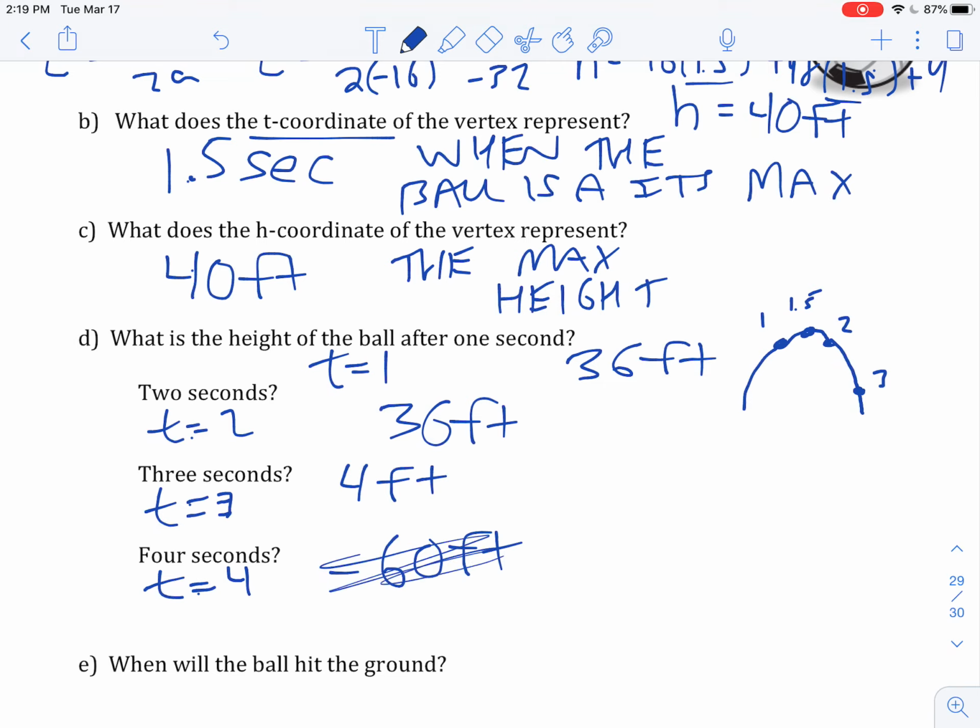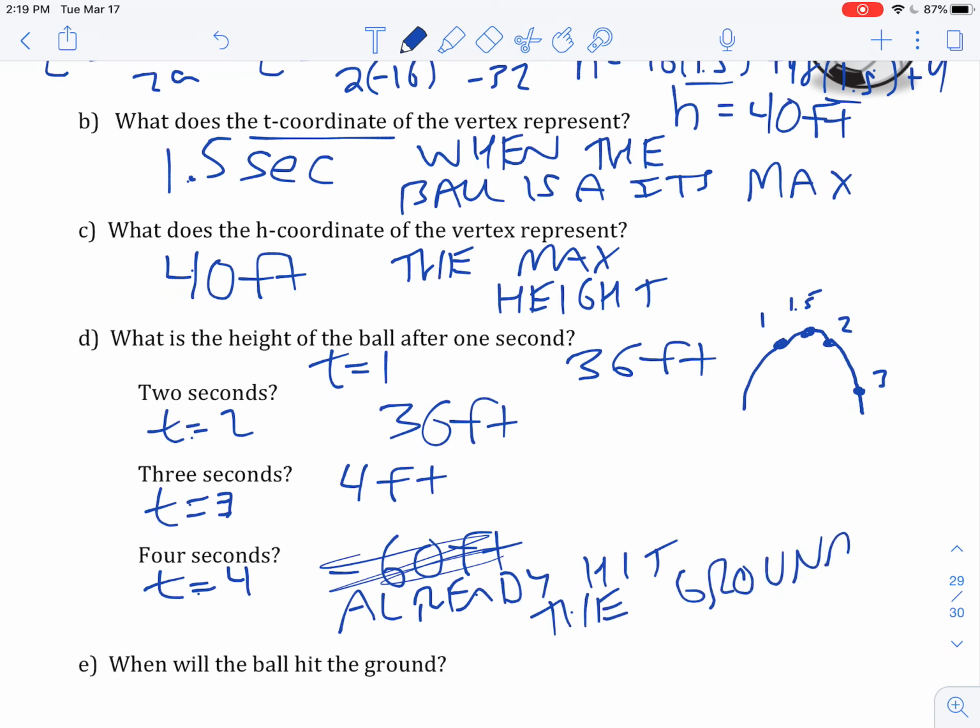If you get a negative, just write down already hit the ground. Now, I'm not saying that it hits the ground exactly at 4 seconds, because it's not exactly at 4 seconds. It's somewhere between 3 and 4.